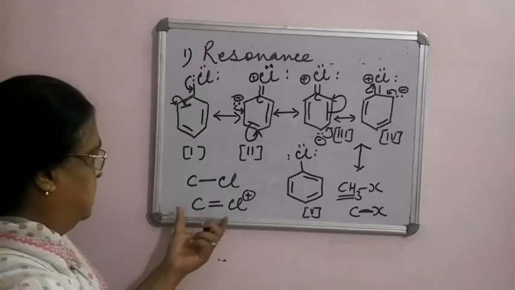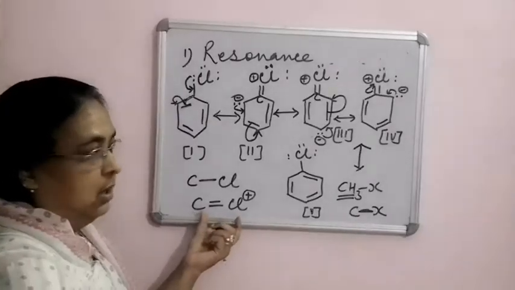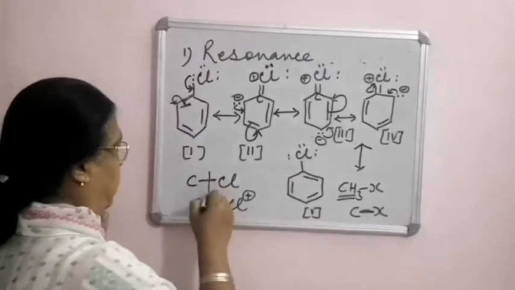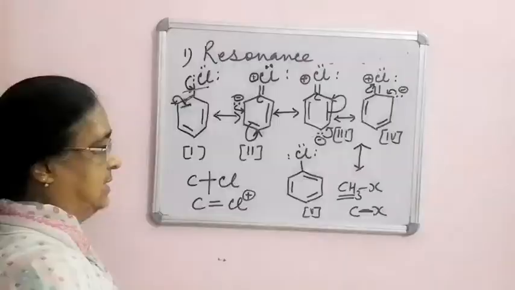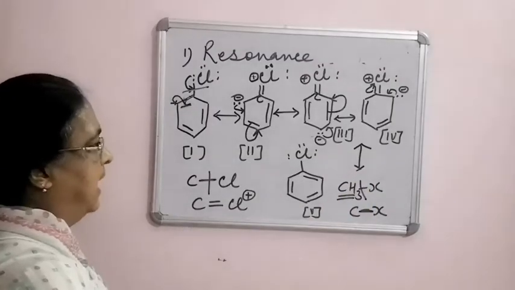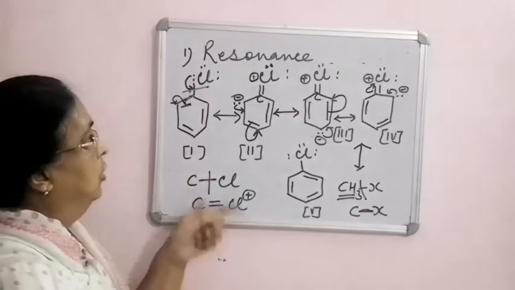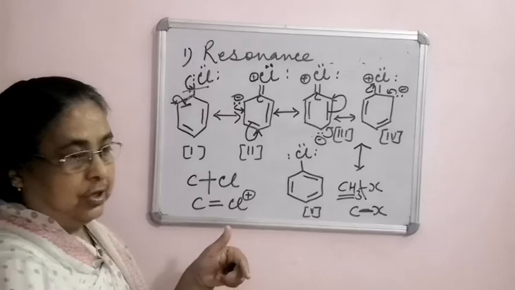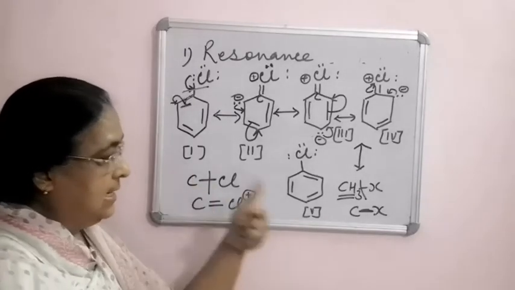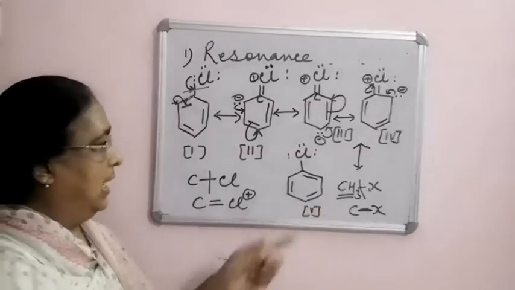Since it is stronger and more stable, this bond will not break as easily in chlorobenzene as it does in alkyl halide. Therefore, chlorobenzene does not undergo nucleophilic substitution reaction as easily or as fast as alkyl halide.